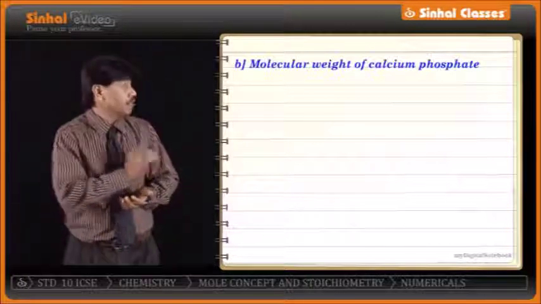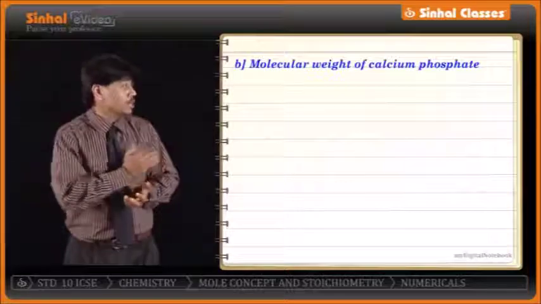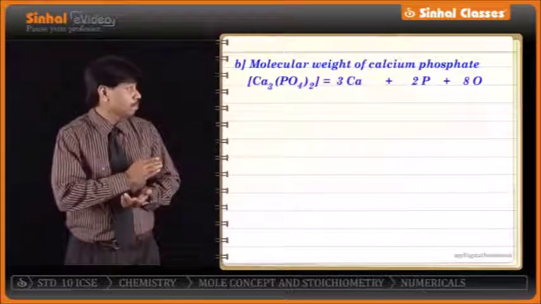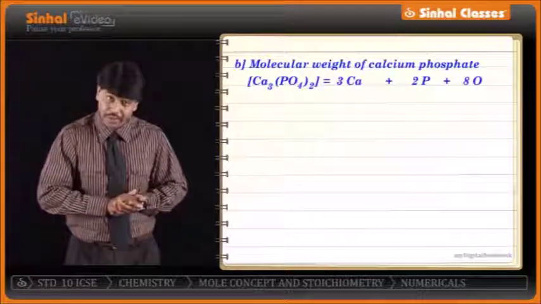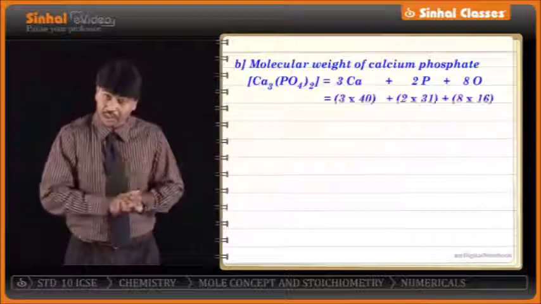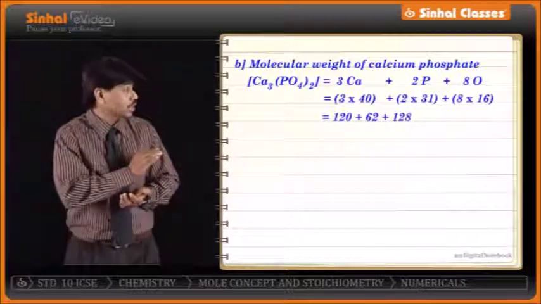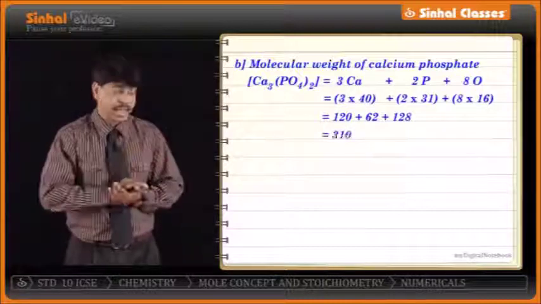In a similar manner, we can find the percentage of phosphorus present in calcium phosphate. First, let's calculate the gram molecular weight of calcium phosphate. Calcium phosphate has the formula Ca3(PO4)2. Now, 3 into 40 plus 62 plus 8 into 16. The total weight comes out to be 310.